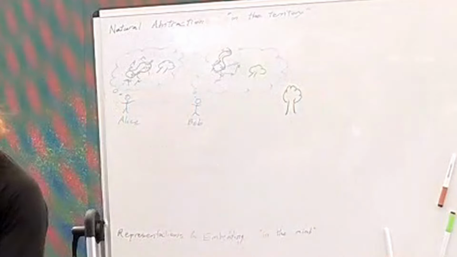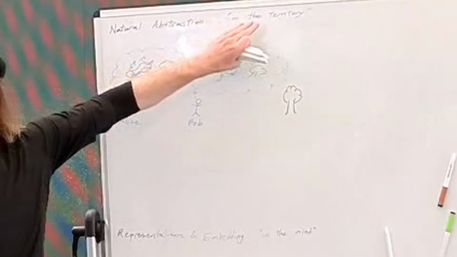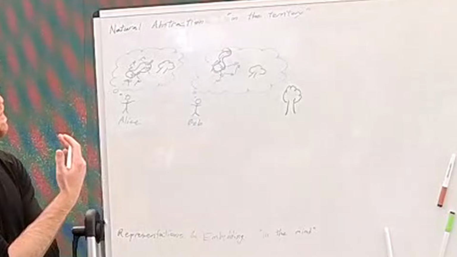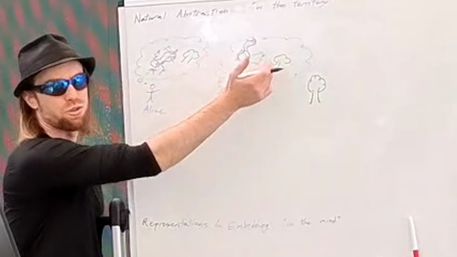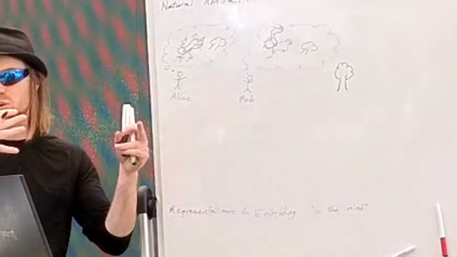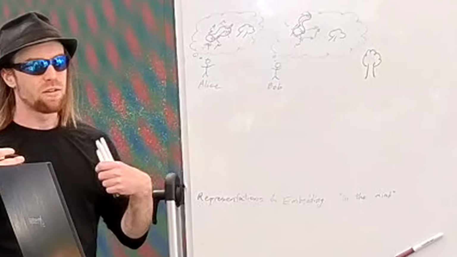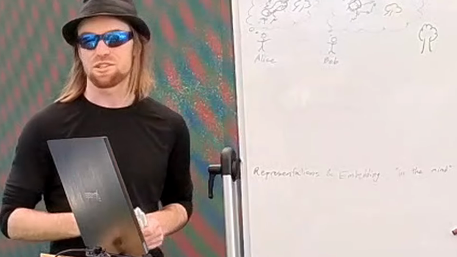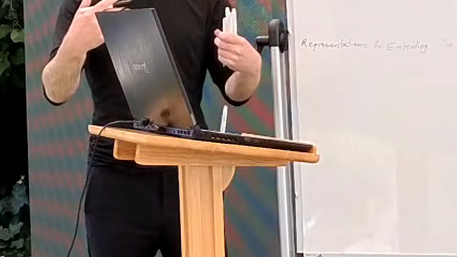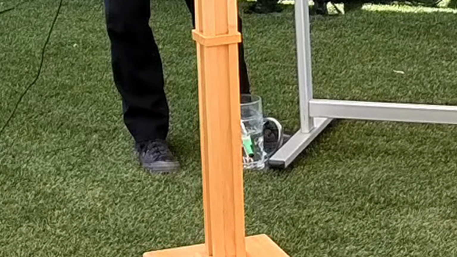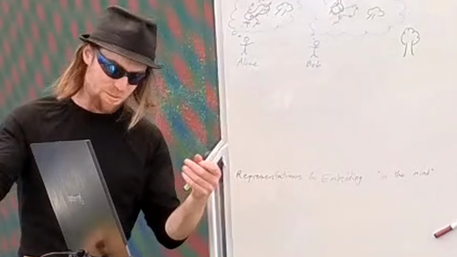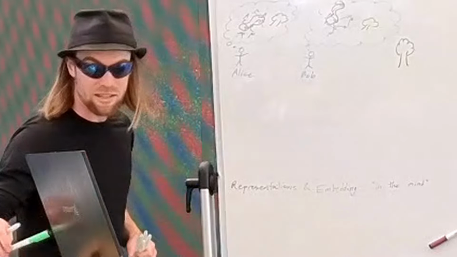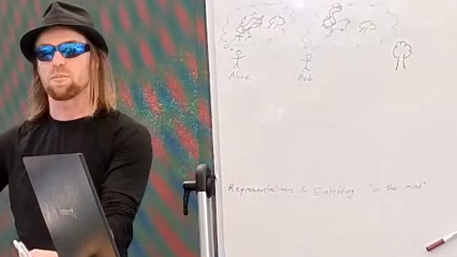So this is where the in the territory part comes in. Insofar as the tree is a natural thing to coarse grain out for multiple different agents, insofar as it doesn't really depend which agent is doing this, you end up with the concept of tree essentially being determined by the territory.